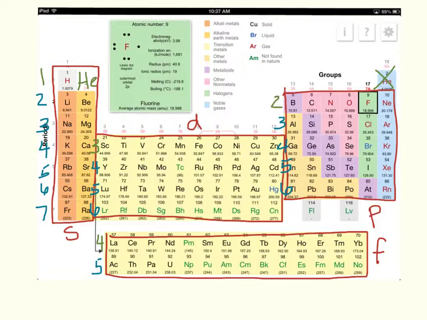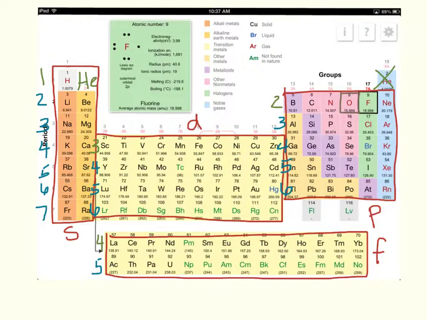Now, how we use this. Let's say I wanted to find the electron configuration of oxygen. All of these numbers along the sides are going to represent energy levels. Then of course we said the letters represent sublevels.